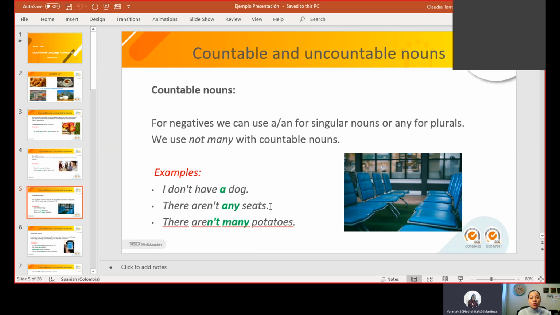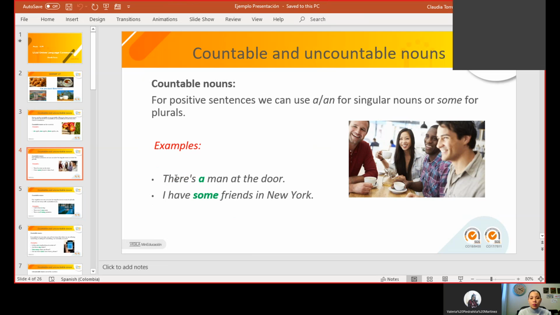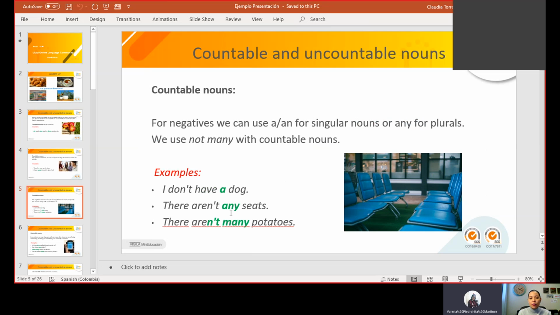Now, for plurals, negative, they aren't, right? So here you use any. So remember, in the affirmative, in the previous one, you used some, right? For affirmative. But for negative, you use any with plural.